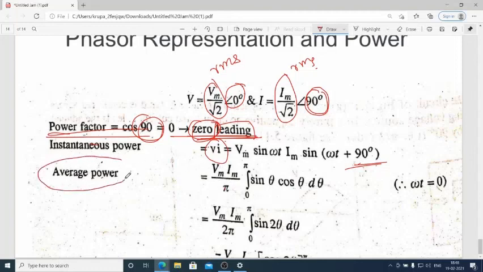Previously I told why I consider a single cycle of the sinusoidal: if I consider two cycles, we will get an average value of 0. To find the average power of a sinusoidal signal, we consider only a single cycle. Please remember this point. Vm Im upon pi over 0 to pi sin theta cos theta d theta.